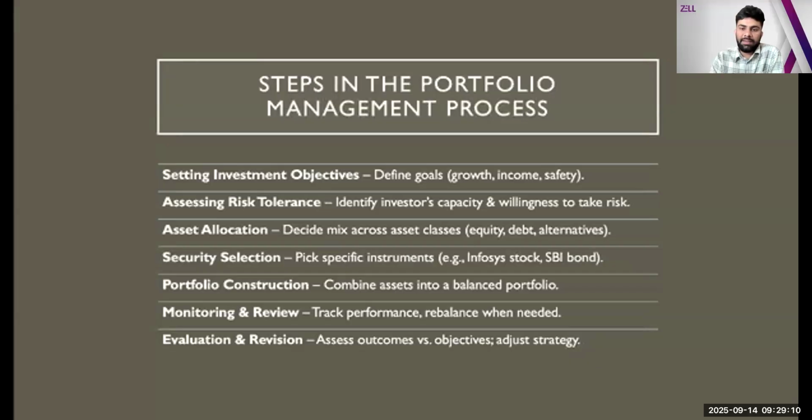In equity investments also, I have too many companies listed in the stock market. It is now the right time to decide whether I should invest in Infosys, Reliance Industries, or Just Dial. Which equity investment am I going to go with?